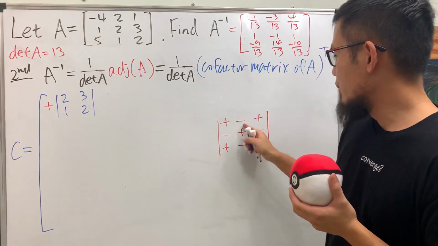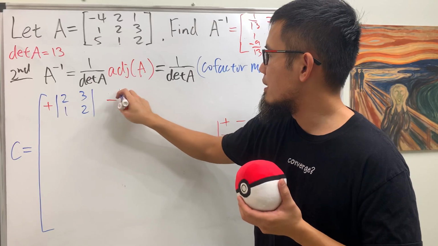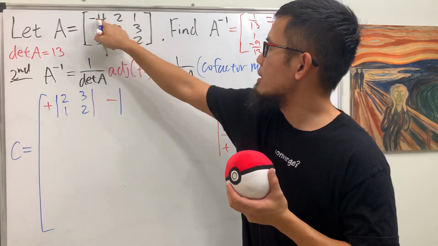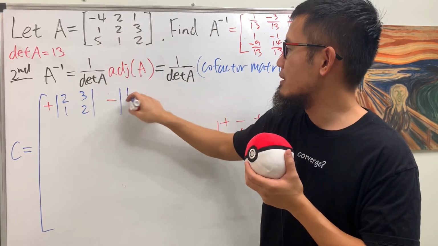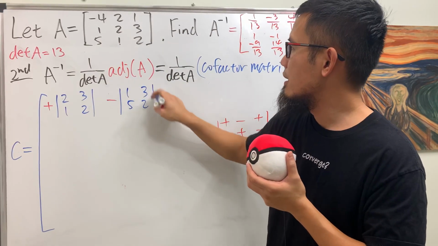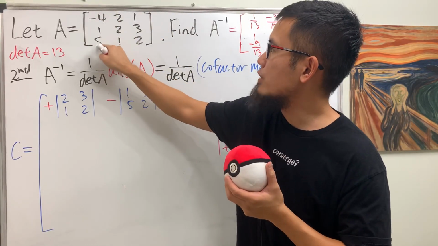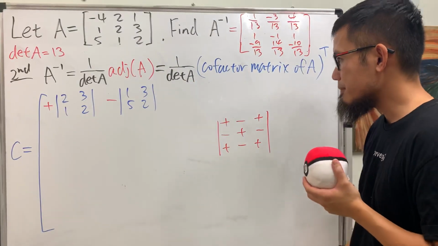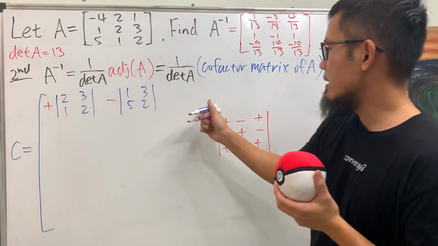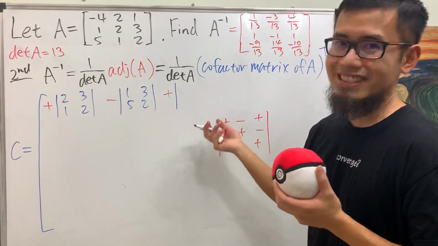And then next, we have the minus. So I'll put it here, and then I'm going to have the determinant of what? Delete this, delete that, and we have 1, 3, 5, 2. Again, delete this, and delete that, and we have 1, 3, 5, 2, like that. All right, and then just pretty much focus and do the rest.